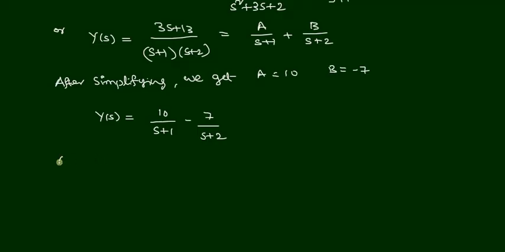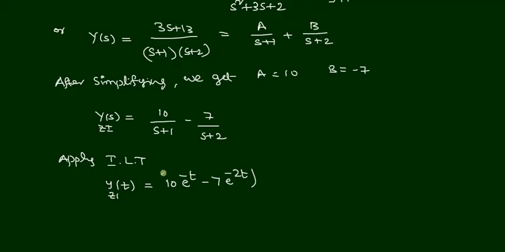So apply the inverse Laplace transform. We get the zero input response y_zi(t) equals 10e^(-t) minus 7e^(-2t), and this is a causal signal, so we write u(t).